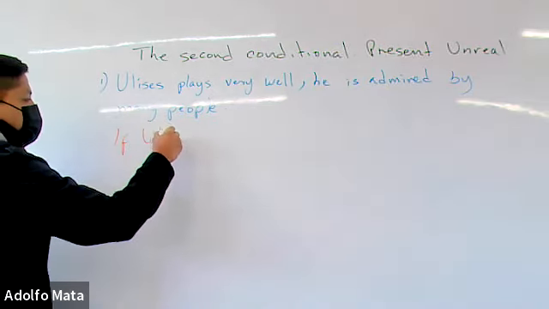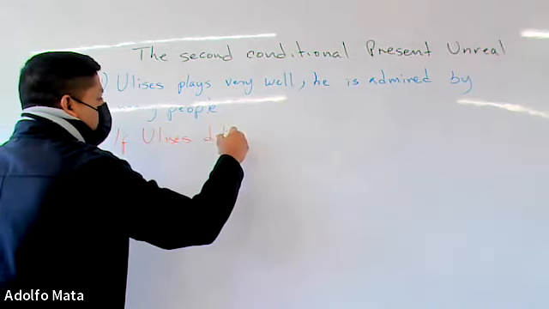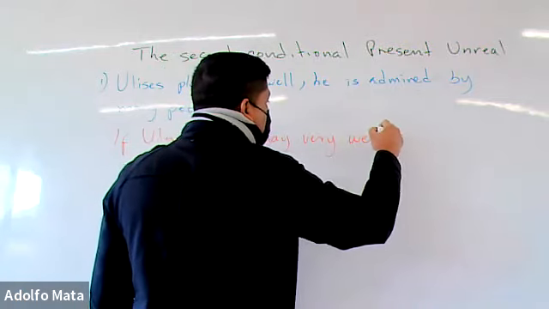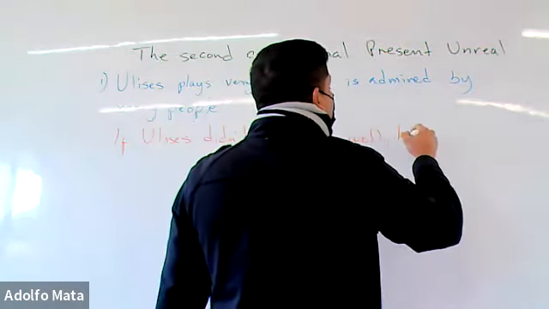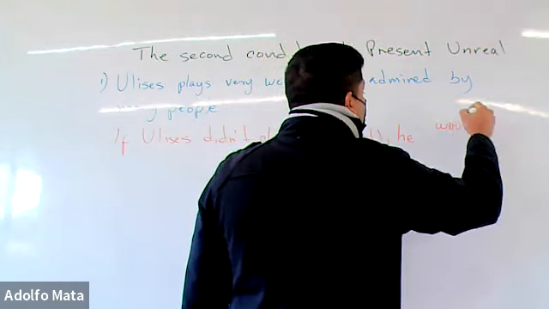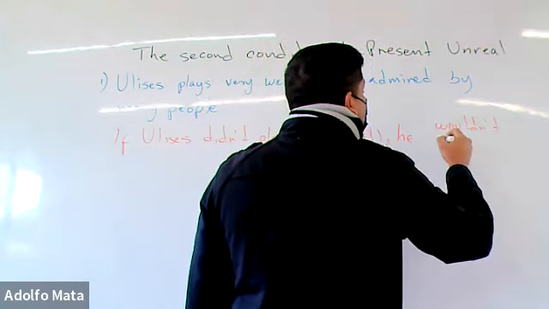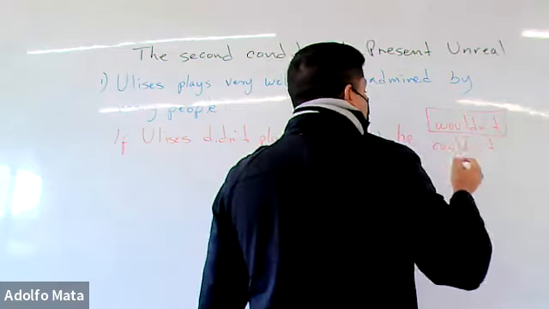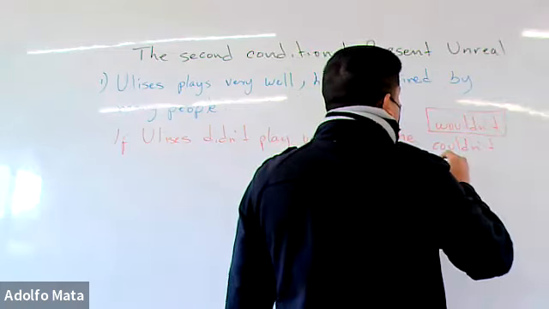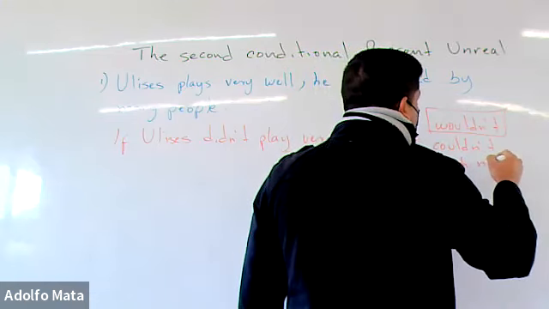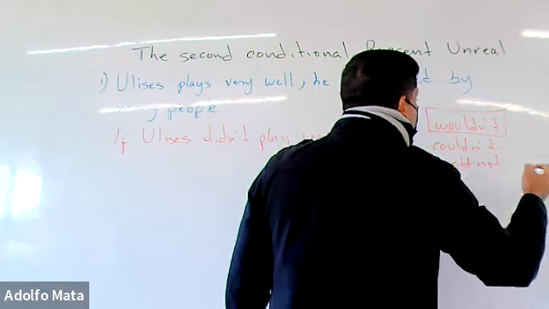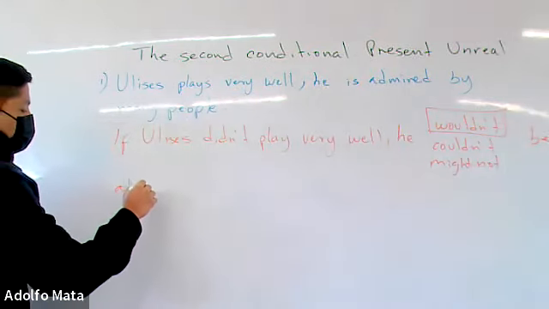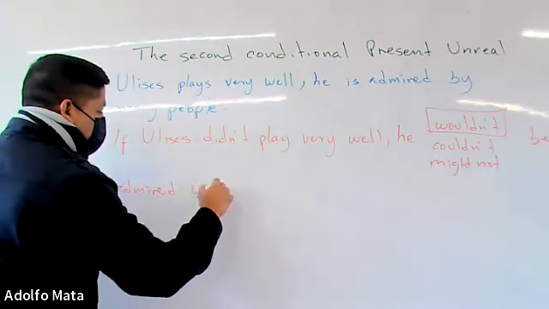Yes, if Ulises didn't play very well, comma, he wouldn't, he couldn't. In this case, the correct option would be couldn't, okay? But let's write the three options. Or might not be admired by many people.